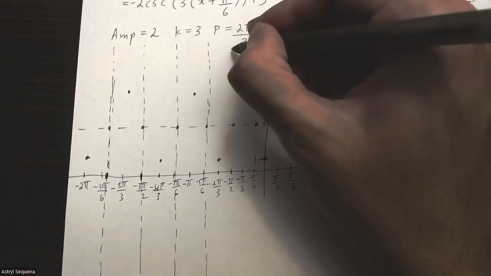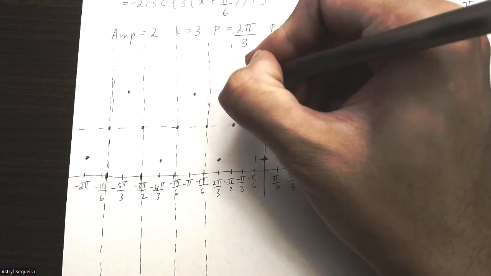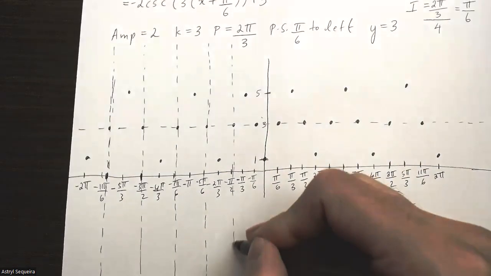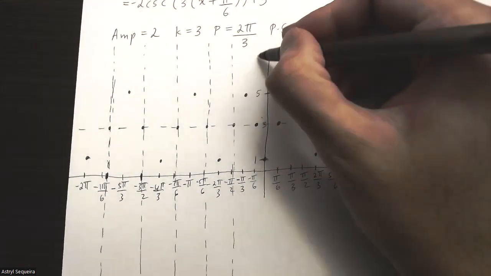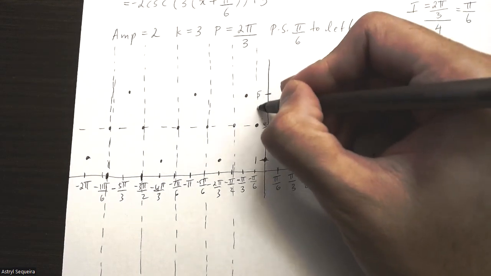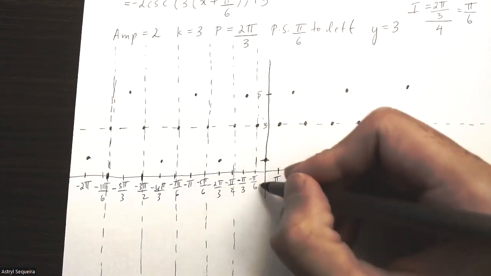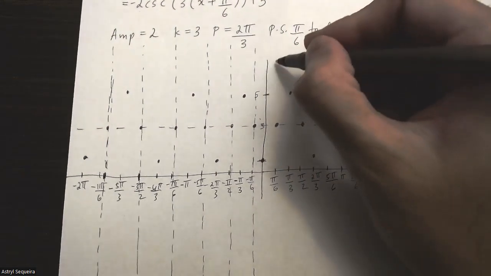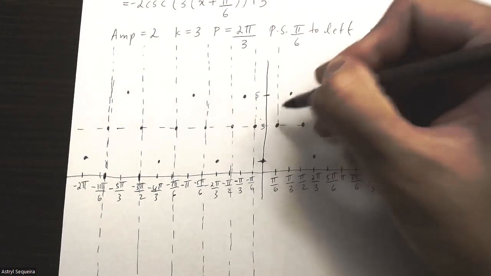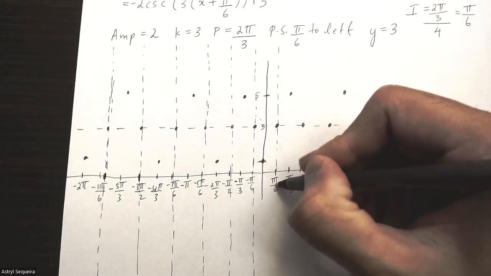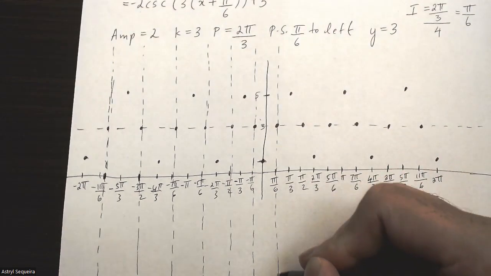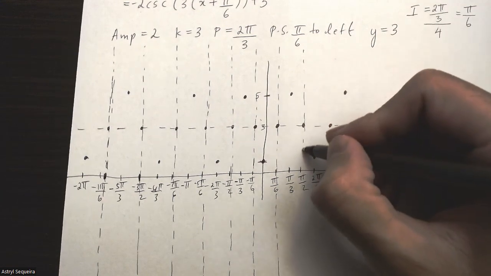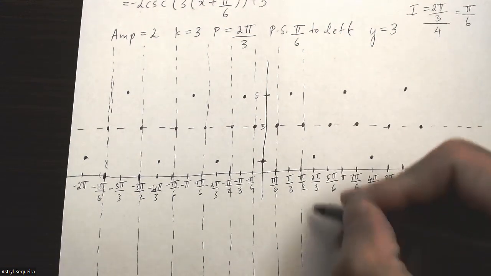Then I have another vertical asymptote over here at negative pi over 2. Another vertical asymptote here at negative pi over 6. Another here at positive pi over 6. Another one over here at positive pi over 2.